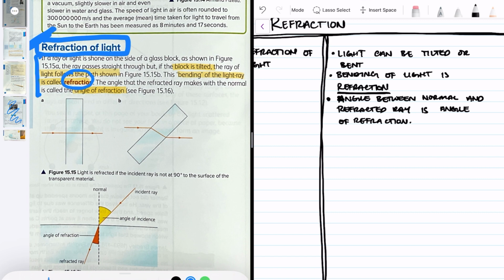All right, so it looks like this will be a keyword, and I'm going to underline that as well. It's optional, but I do like to underline certain phrases or words that I think are important.